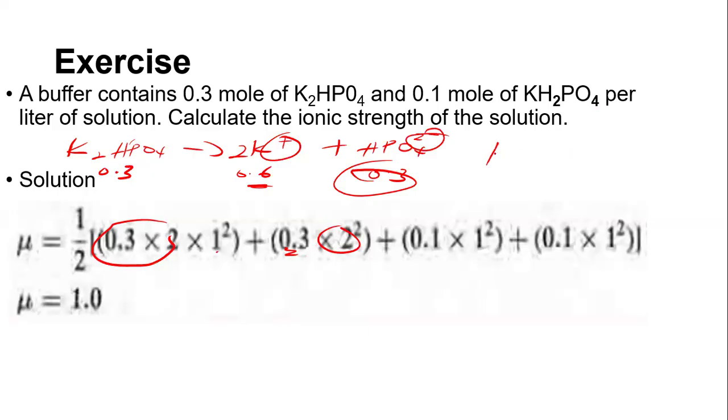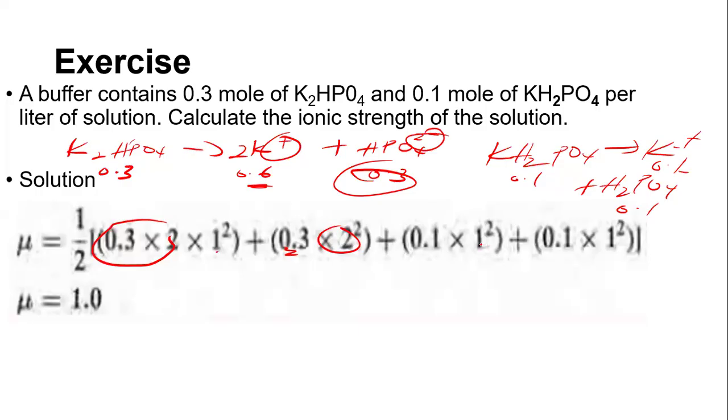Now, if I look at the second salt here, I have KH2PO4. When you split, you get K⁺ plus H2PO4⁻, right? Now, this is 0.1 mole, this will be 0.1 mole, that's 0.1 mole. 1 mole of this reacts to form 1 mole of this. That reacts to form 1 mole of this, right? So that is what we have here.